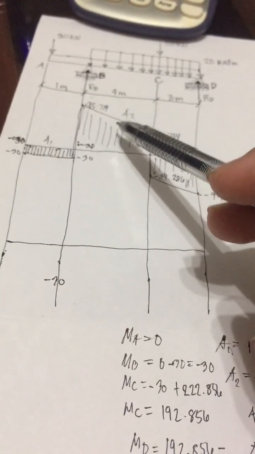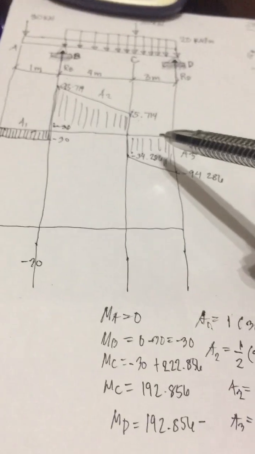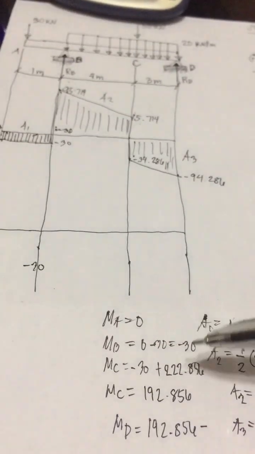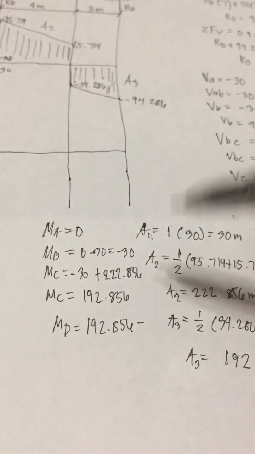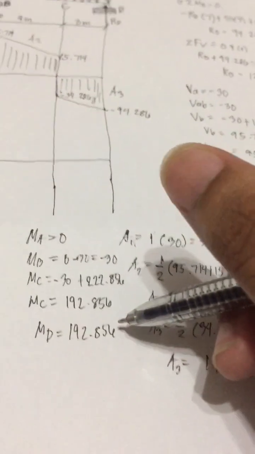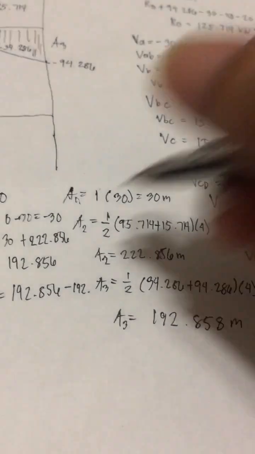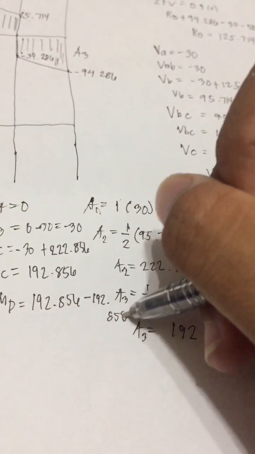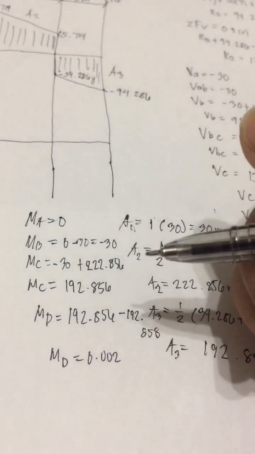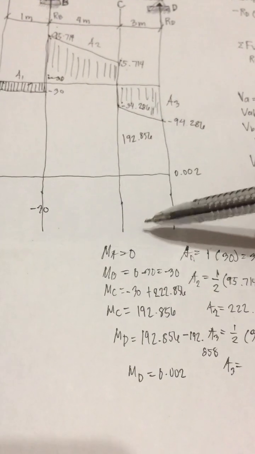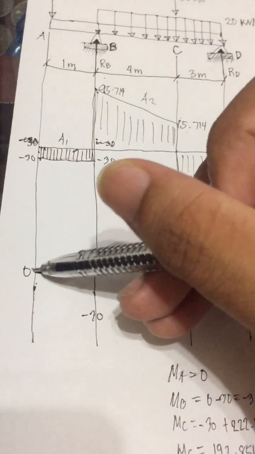Since upward is positive, downward is negative, just like the negative 30 in our moment for B. So back to the moment for D: 192.856 minus the area 192.858. Then our moment for D is equal to 0.002.